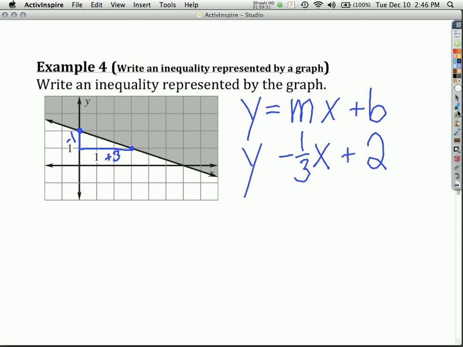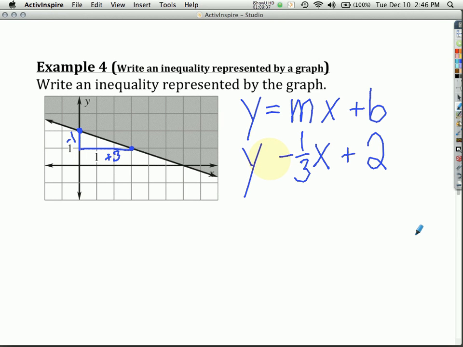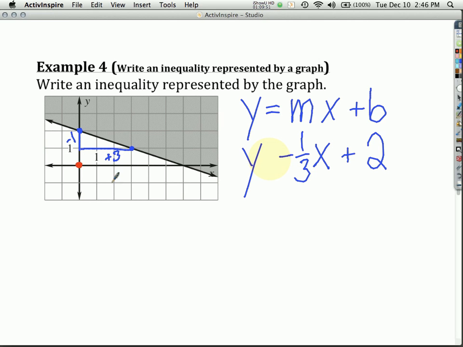But we need to know what symbol is going to go right there. And this is the hard part. Here's where we use the concept of 0, 0 to help us, but we do it in reverse. Here's 0, 0, right here. Is 0, 0 a solution or is it not a solution? It's not a solution.